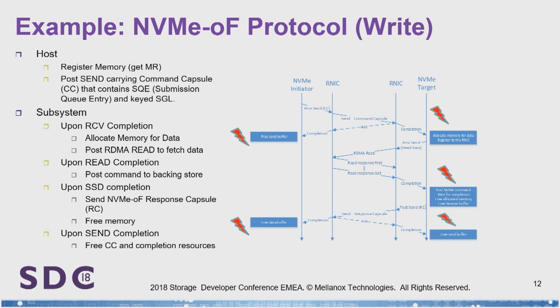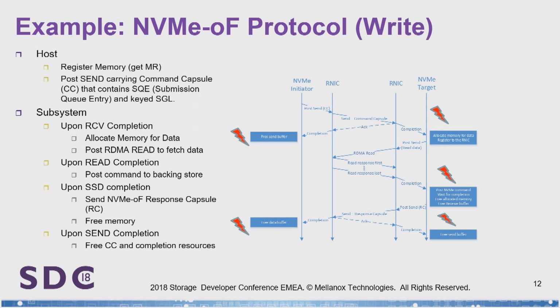The target side will receive this completion, allocate the needed data, and perform an RDMA read operation. If we are doing an I/O write, the target does RDMA read and copies the data from the initiator, and then it will post a command to the backing storage that doesn't have to be NVMe. The NVMe over Fabrics target can expose different types of media.